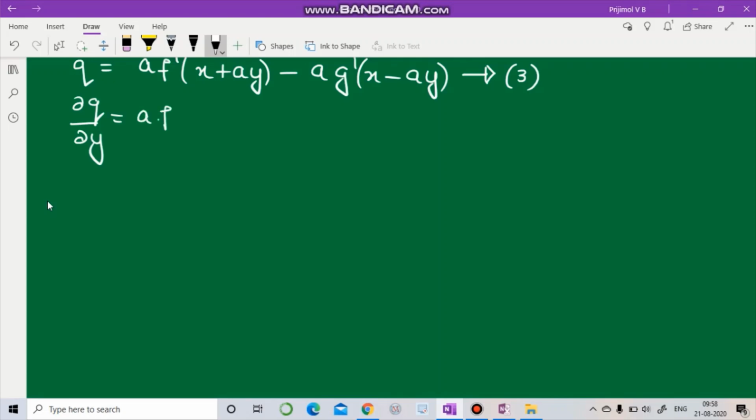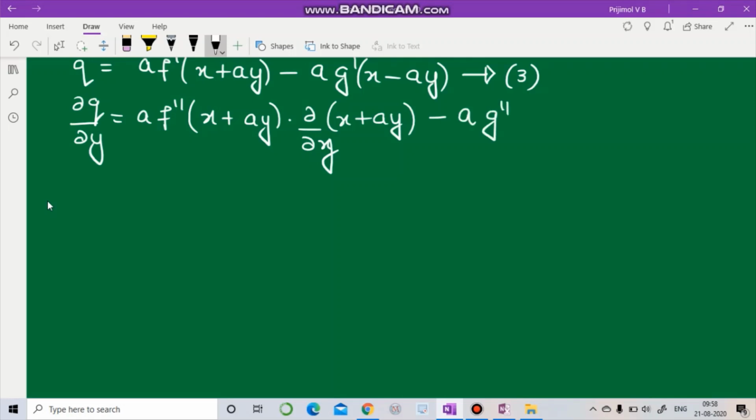A into f double dash. Differentiation of f dash is f double dash, and you have to differentiate x plus ay again with respect to y. I am sorry, it was y. A into g dash, differentiation is g double dash. Differentiate x minus ay again with respect to y.